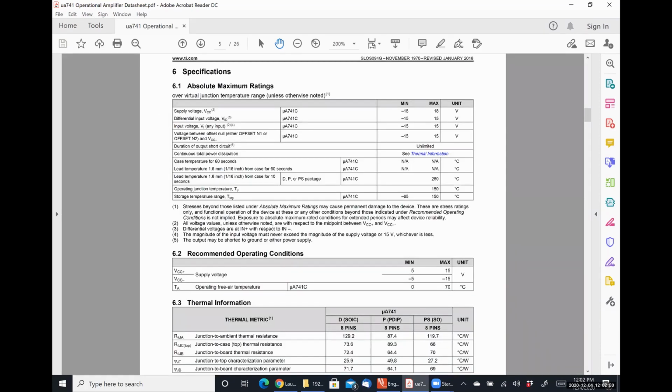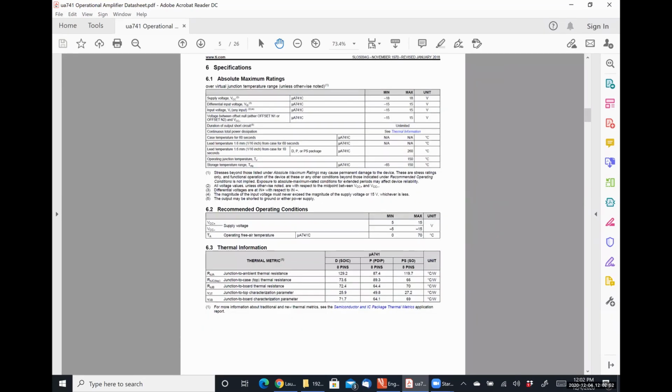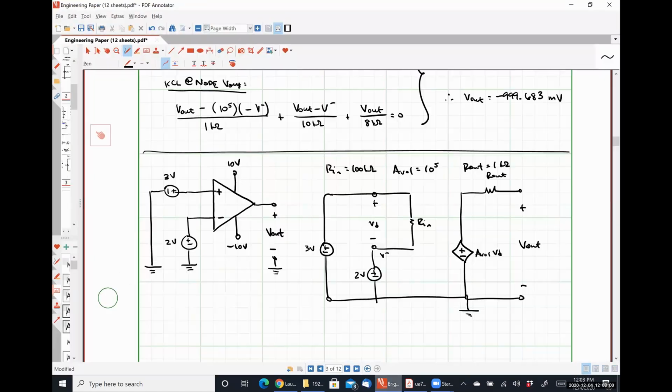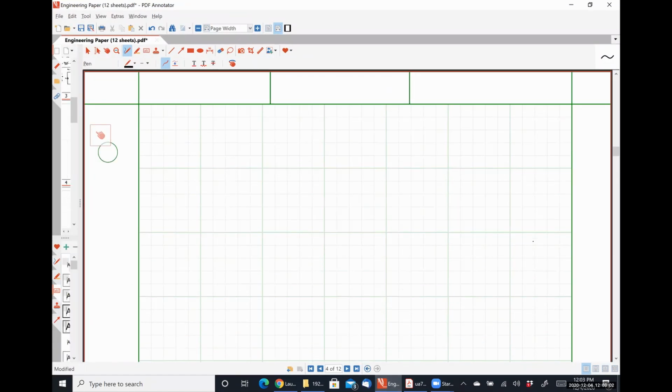All right, so let me write this down and then we might do a simulation real quick just to show what's going on. So, saturation distortion.